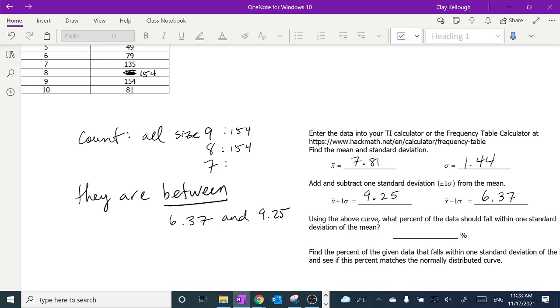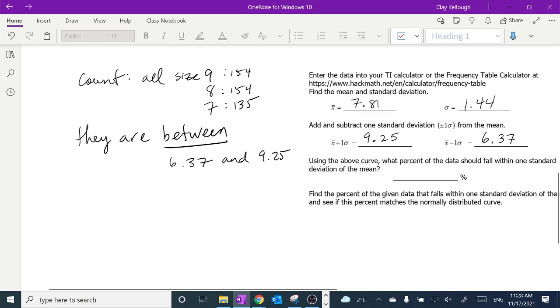And 7 was 135. So those three numbers I have to add up, and then divide by the total of all my data. So 154 plus 154 plus 135 all over.